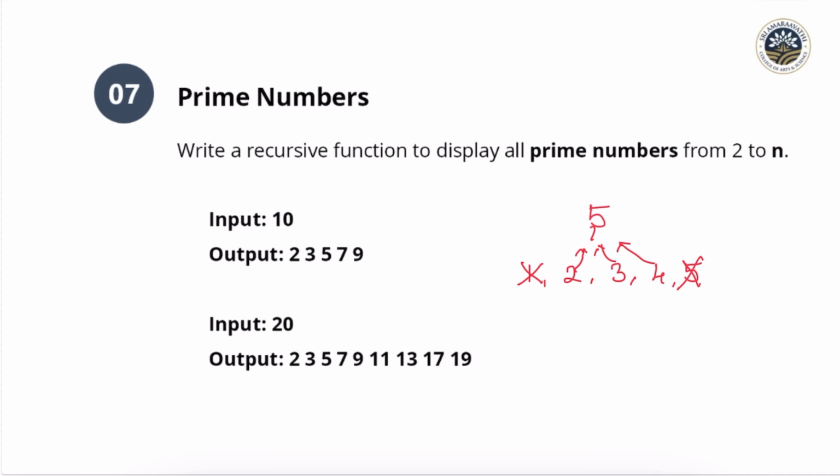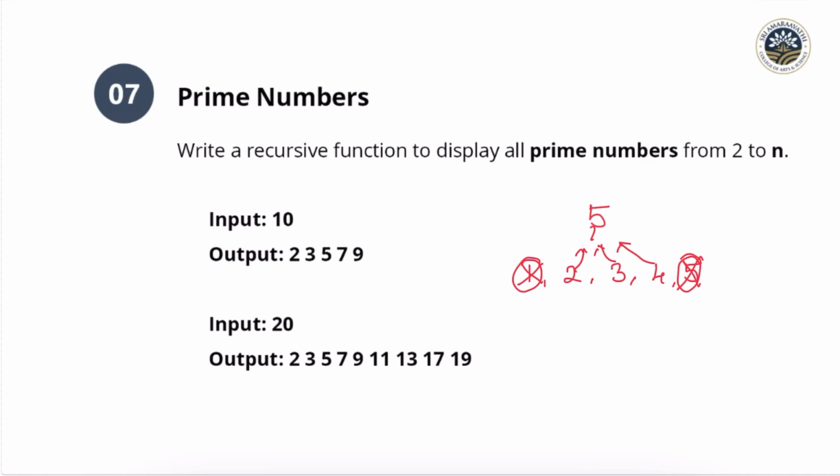If these numbers divide 5 and don't give the remainder as 0, then it is considered a prime number. The concept is it will be divisible only by 1 and itself. If the number is only divisible by 1 and itself, it can be considered a prime number.